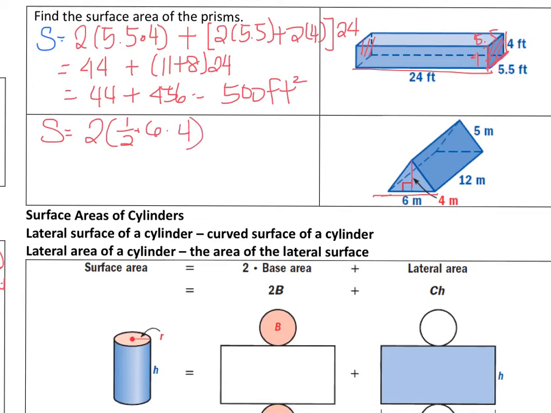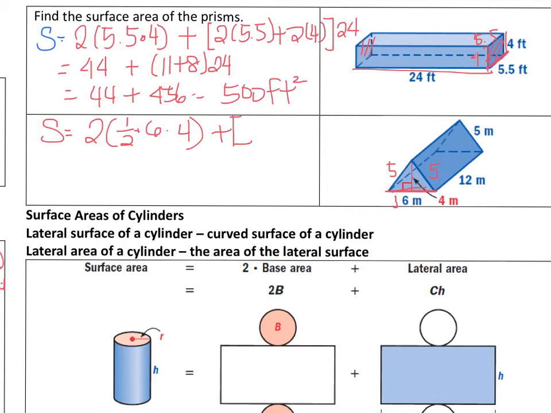Okay, and then you need to add that to the perimeter of the base, which is, let's see, if this is 6, this should be 5, this is 3, this is 4, this should also be 5.